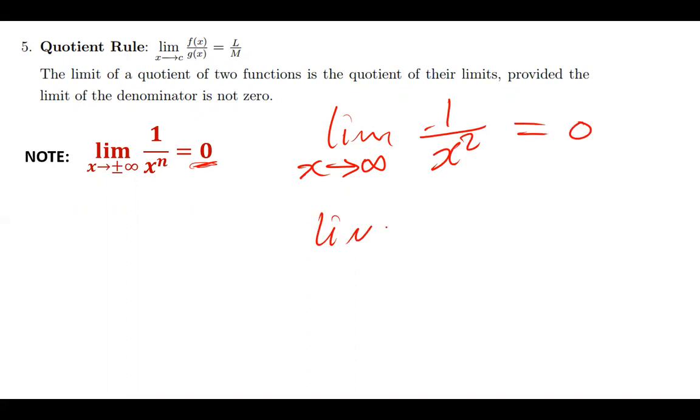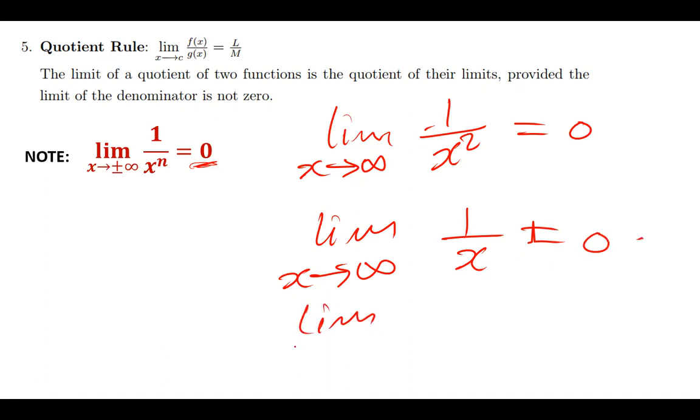The same applies to the limit when x approaches infinity of 1 over x; the answer is simply 0 as well. The same applies to the limit when x approaches negative infinity of maybe 1 over x to the power 5. The answer will still just be 0.